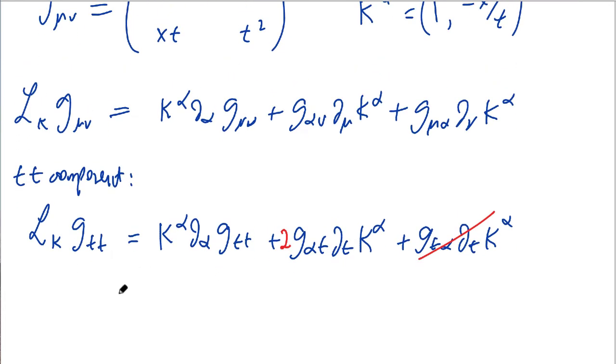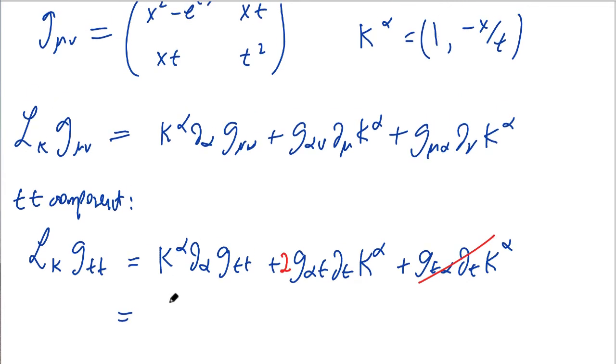All right, so the t component of k is 1, so we have partial t g_tt, plus, now the x component is minus x over t, so let me change this to a minus sign. We have minus x over t times the partial x of g_tt. So that's this term with the sum over alpha put in explicitly.